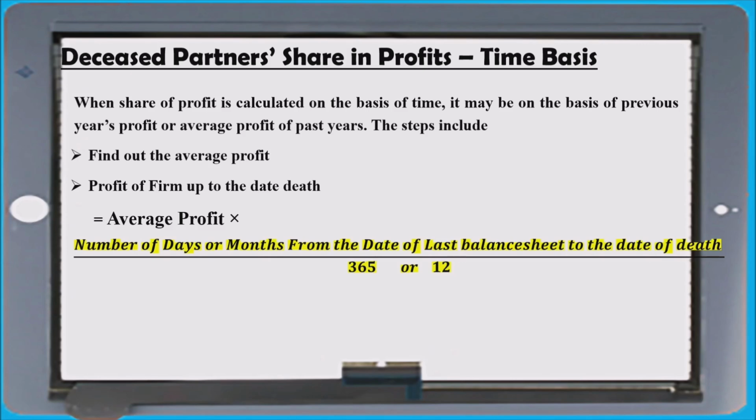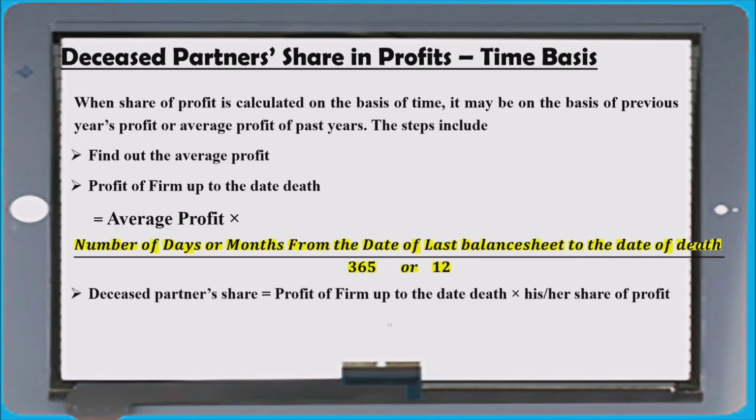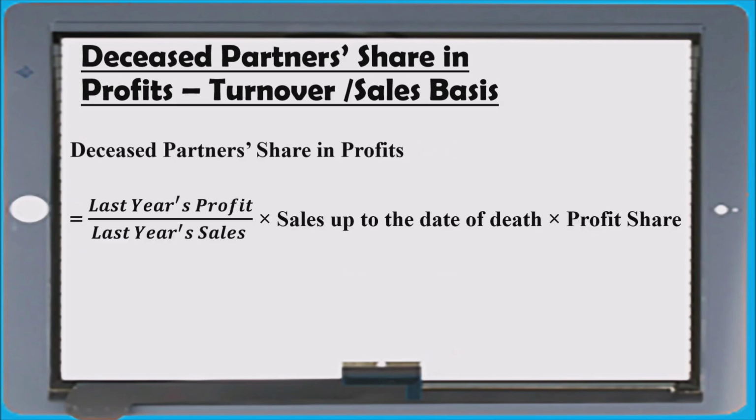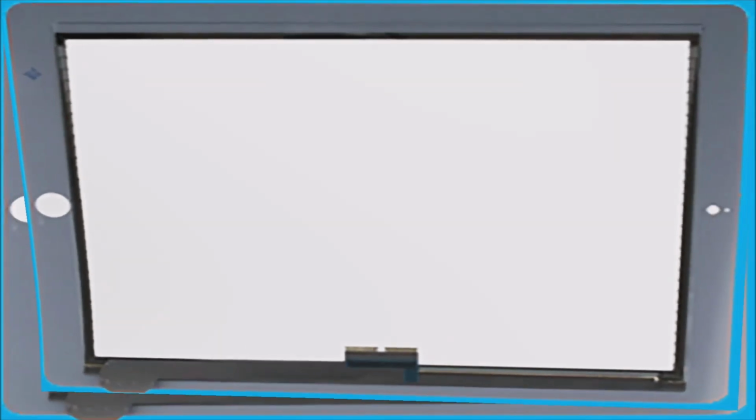This is time basis: on the basis of time, average profit into number of days by 365, or number of months divided by 12, into share of the deceased partner. And if it is on the basis of sales or turnover, we have to remember this equation: last year's profit divided by last year's sales, into sales up to the date of death and share of the deceased partner. That's all regarding that area.